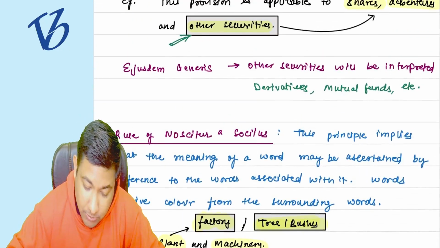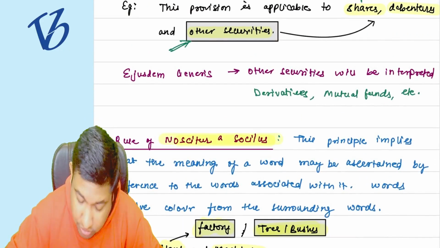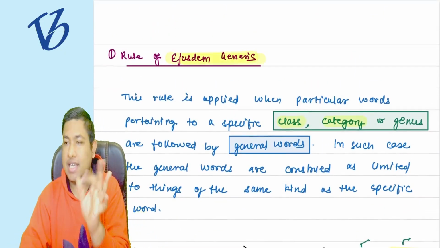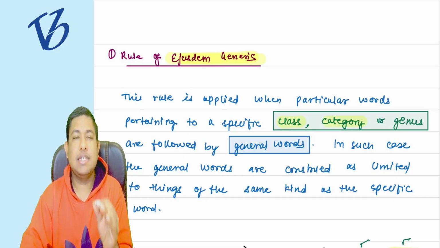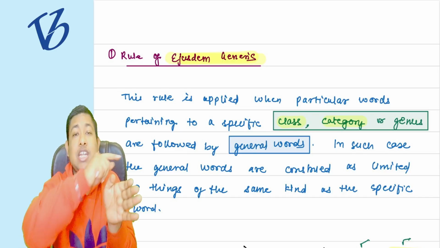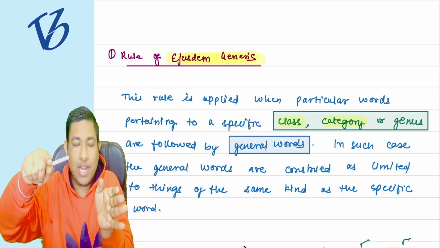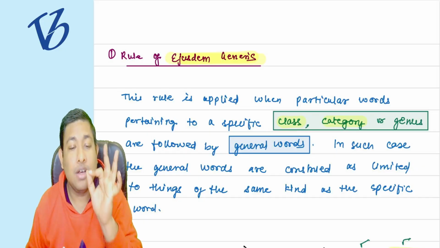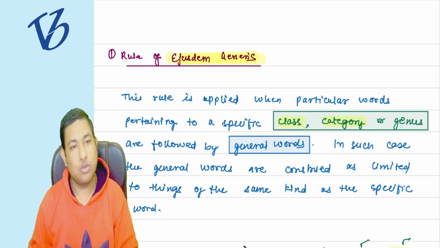Now, the difference between the rule of noscitur a sociis and ejusdem generis, if you want to take it in a single line: ejusdem generis requires a list of specific items followed by a general term. First it will write a specific list of items, then a general term. Then only the rule of ejusdem generis is followed.